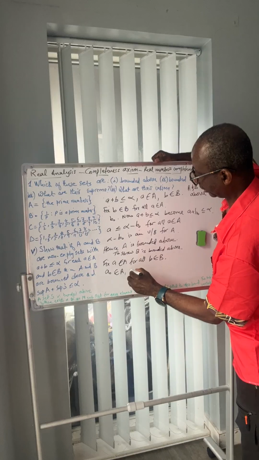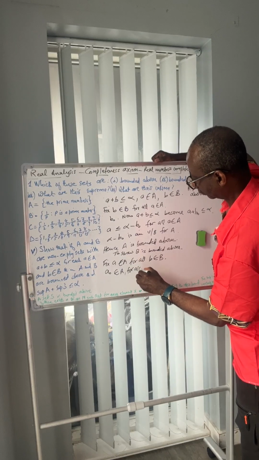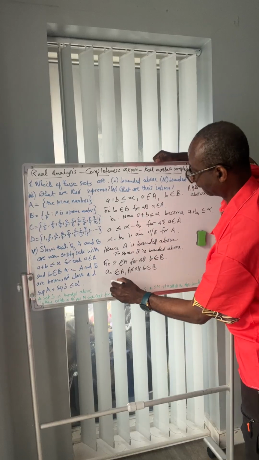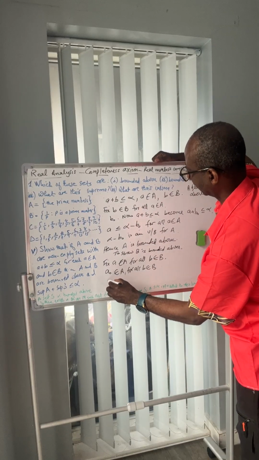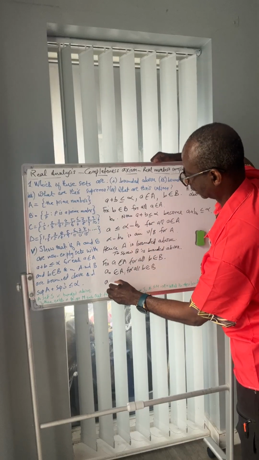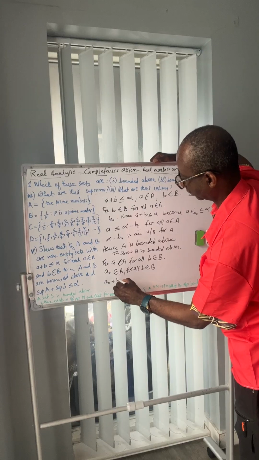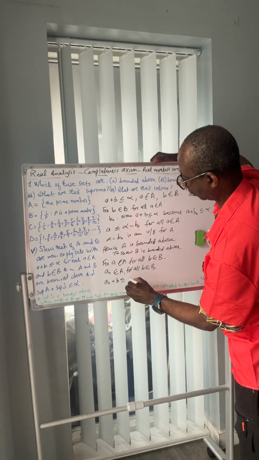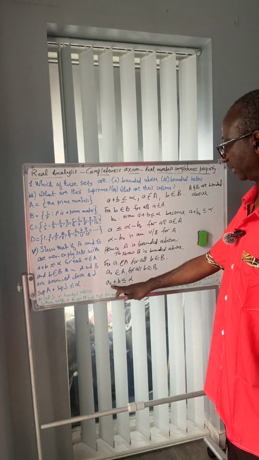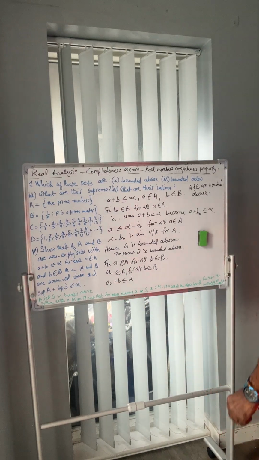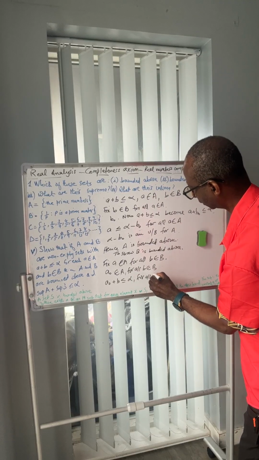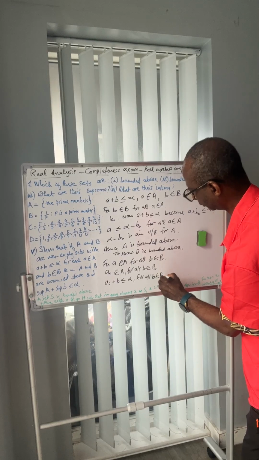For all B in B. So now, A naught plus B is less than or equal to alpha, because we have now fixed A. So this equation still holds for all B in B.